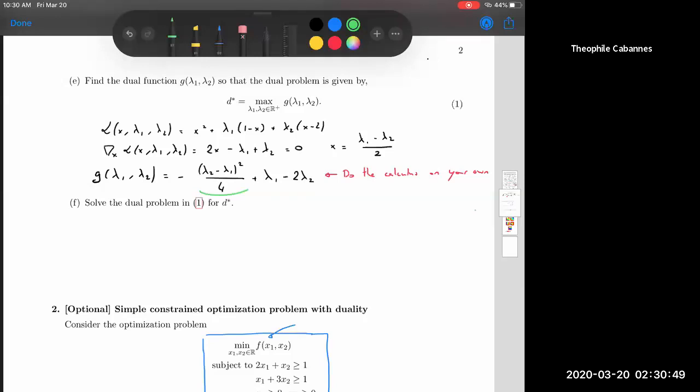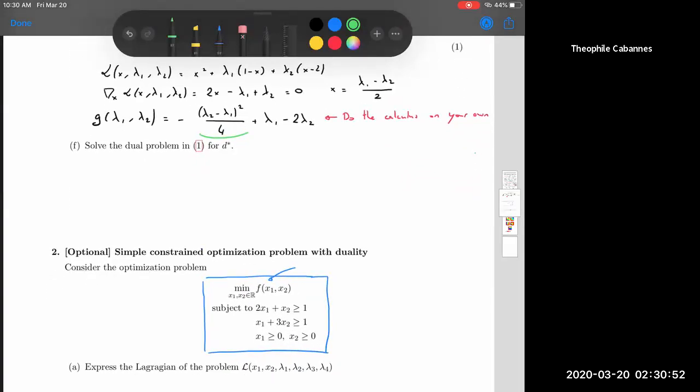Sorry about that. I have an issue with my internet connection. So what we have done so far is we found the dual function.